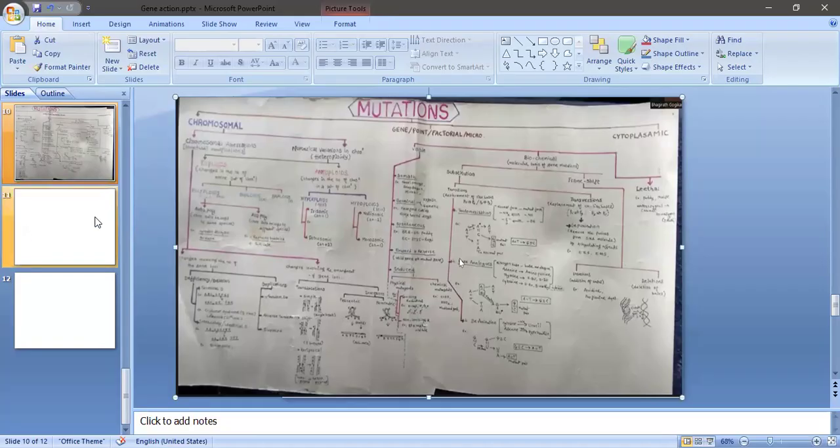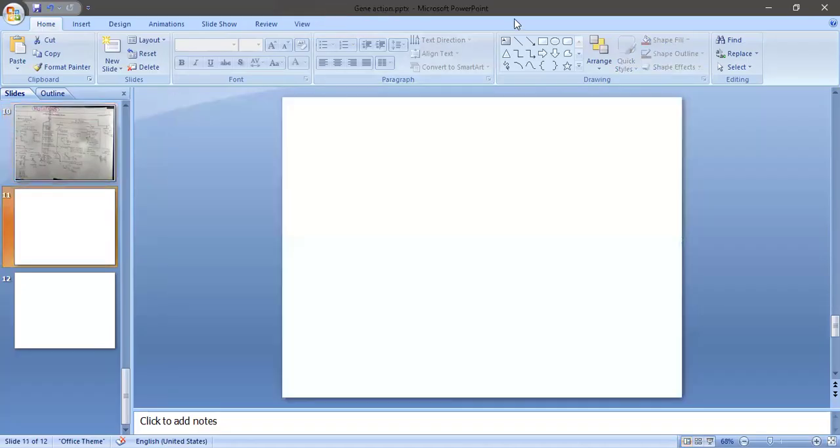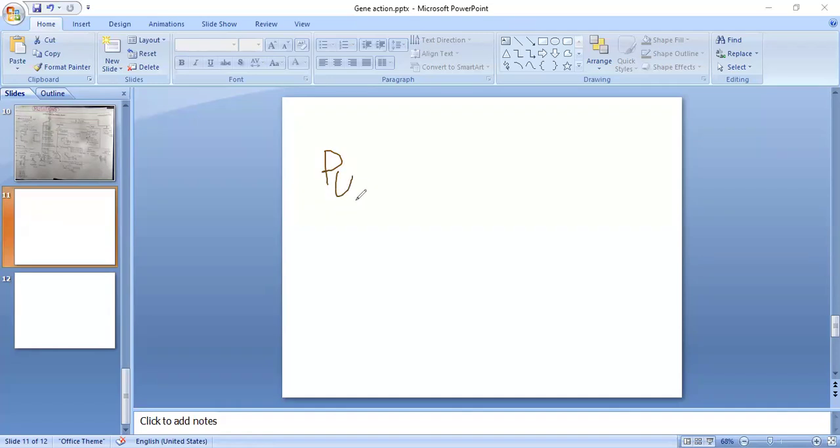So when can we call it transition? Transitions are nothing but substitution. This is a purine. It is substituted with another purine. So the substitution takes place between like nitrogen bases. It is PY. PY means what? Pyrimidine.